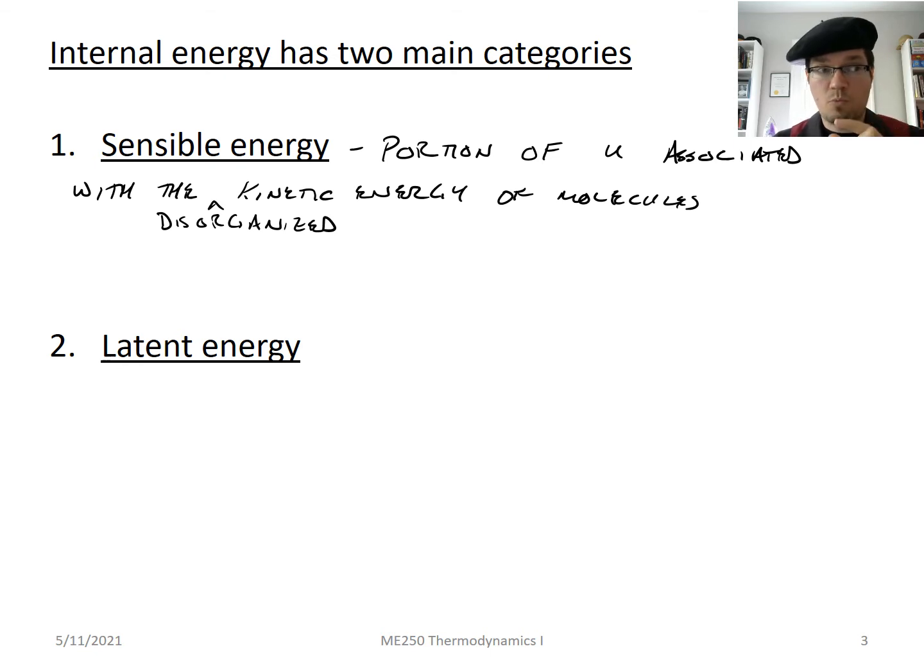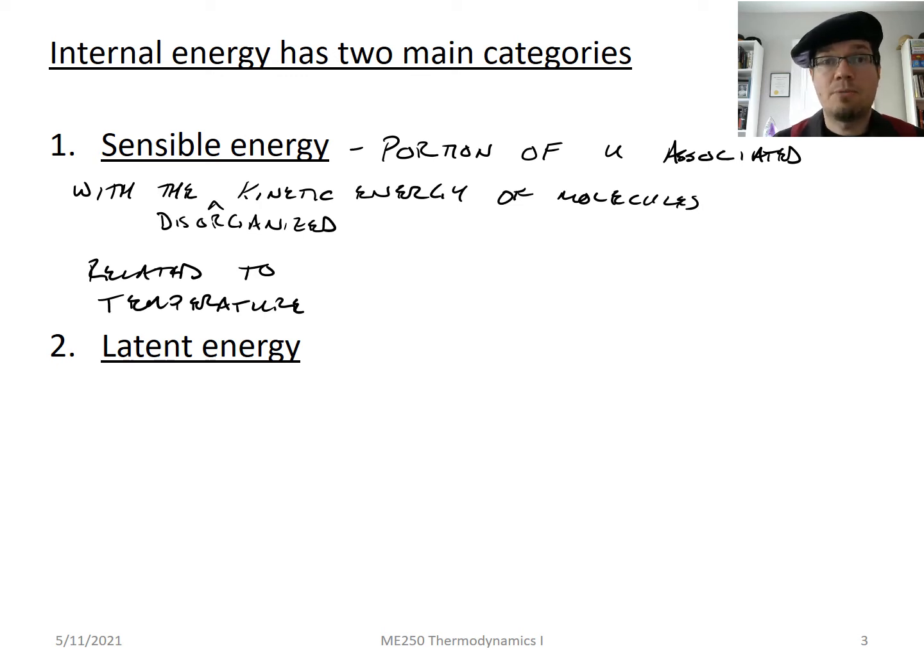And here's where you might have already heard of this, because as a result, it's related to temperature. You may have heard correctly that temperature is a measure of the average kinetic energy of the molecules in a gas or a liquid or a solid, and that's true.